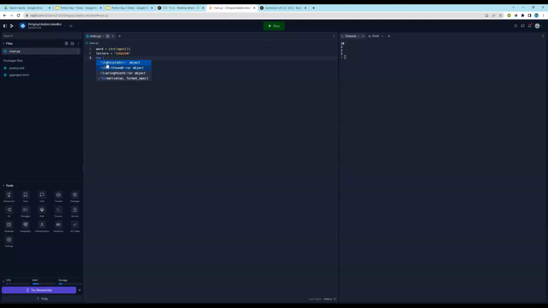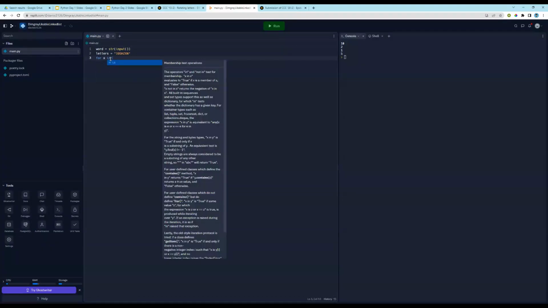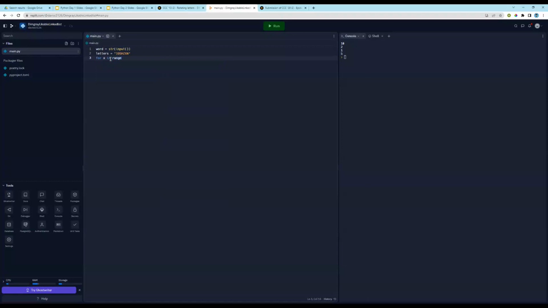Again, we'll be using for x in range, but this time our range will be the length of the word. Because we're iterating through the entire word, we just do this. And then we'll have to pick out each letter, making sure that every single letter in that word is one of these letters.